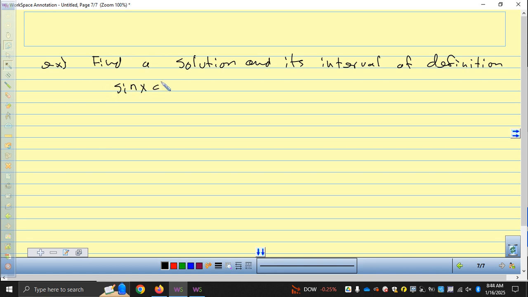Sine of x dx plus y dy equals 0, and y of 0 equals 1.